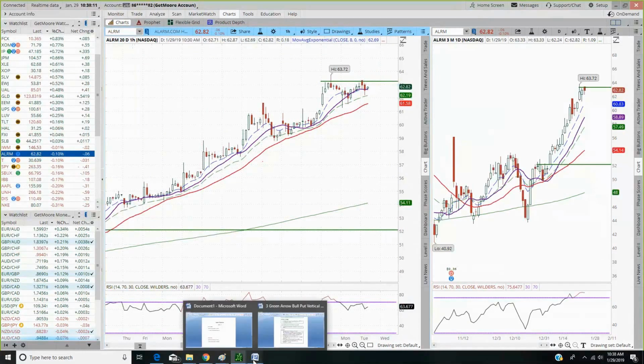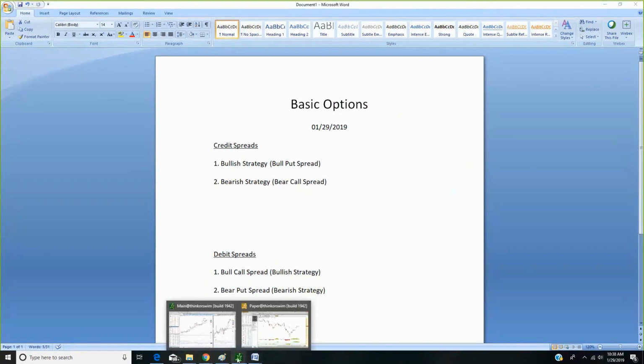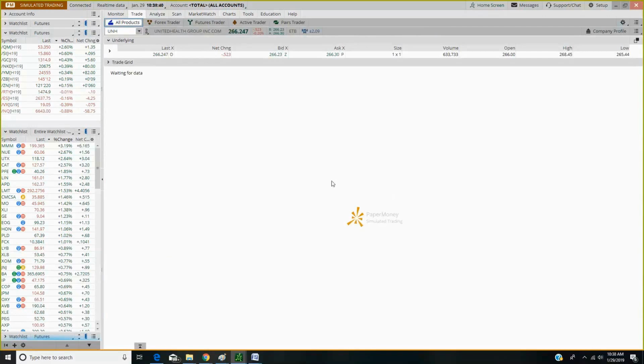So to the downside, we would do a bear call spread on the cross, or wait for the cross and then the stock to hook up, right? And then we would do the bear put spread. So just like we did a minute ago, but it's the other side.